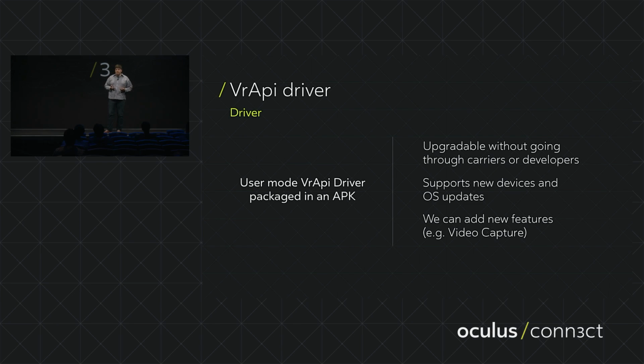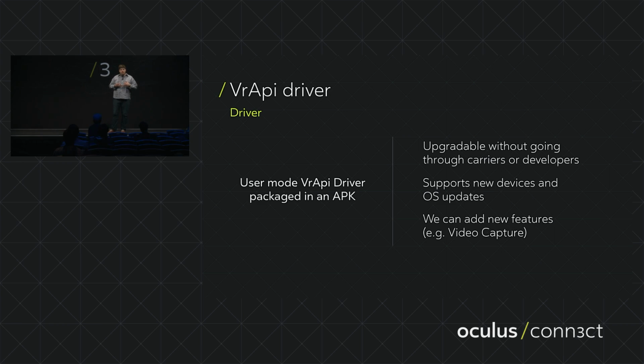The way we did this is we bundled our driver into a separate APK that we could update independently. This has a lot of nice properties. It means that all the things we talked about before can be updated without going through an app developer. And more importantly, they can be updated without going through phone carriers, which means we don't have to wait months to get an update out. If we see a bug, we can fix it, QA it and release it as quickly as possible.